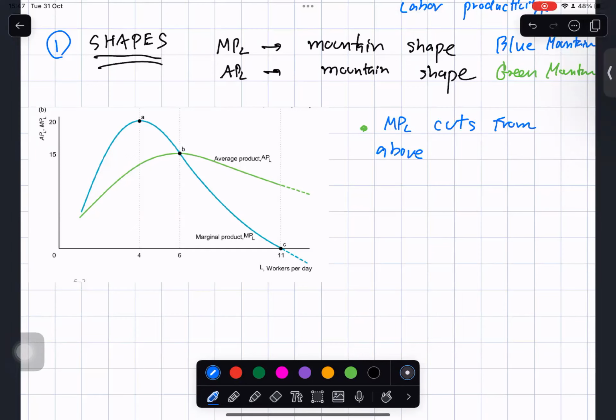MPL cuts from above exactly at the peak. That's interesting too.